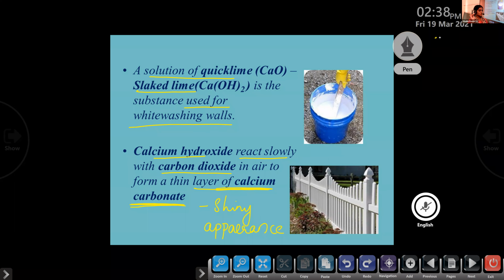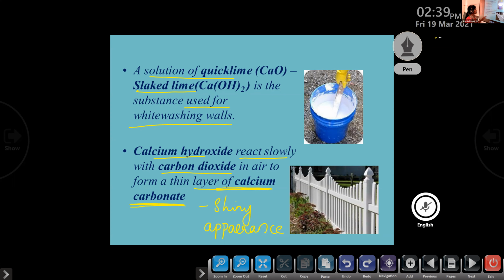And the solution of calcium oxide is known as calcium hydroxide, and it is the substance used for whitewashing walls. This calcium hydroxide reacts very slowly with carbon dioxide in air to form a thin layer of calcium carbonate. It takes 2 to 3 days for the formation of this calcium carbonate. This is clear.